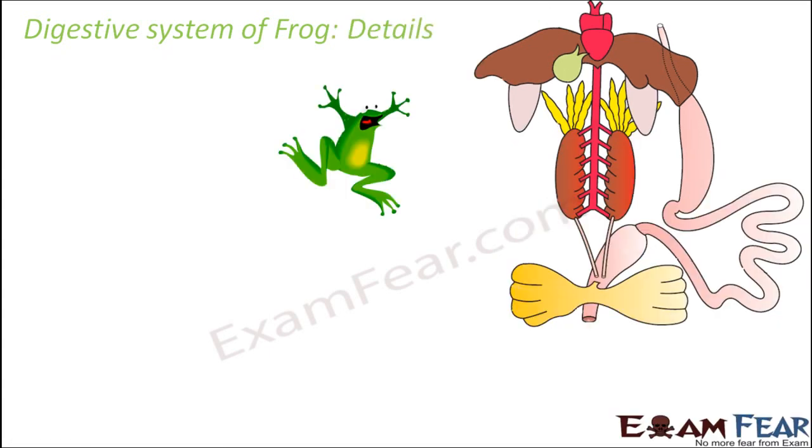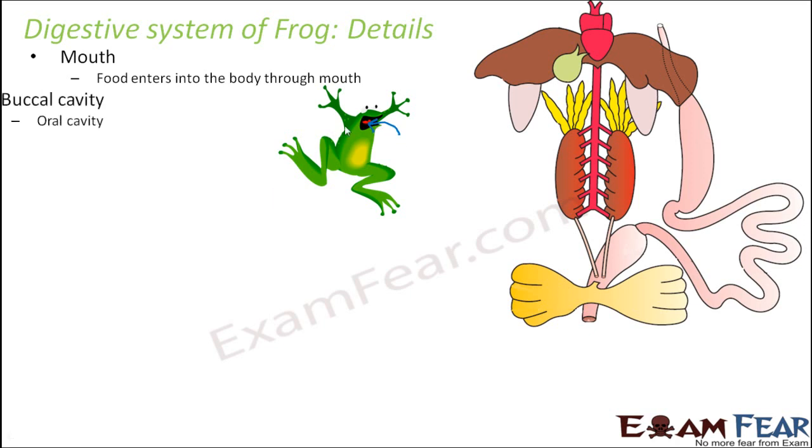Let us look at each of the parts in detail. Mouth. Food enters into the body through the mouth. That's very obvious. That's what we have been studying since quite some time. Now what happens once the food enters through the mouth? It goes into the oral cavity.